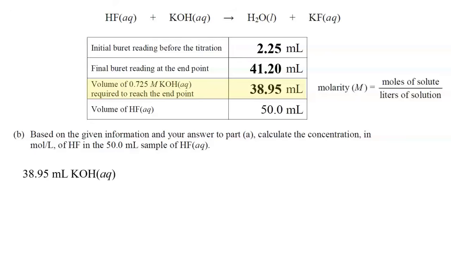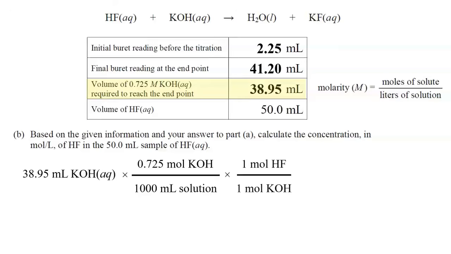So 38.95 milliliters of that KOH solution. There's 0.725 moles of KOH for every 1 liter, or 1,000 milliliters. And looking at the stoichiometry and the balanced equation, there's 1 mole of HF consumed for every 1 mole of KOH consumed in this reaction.